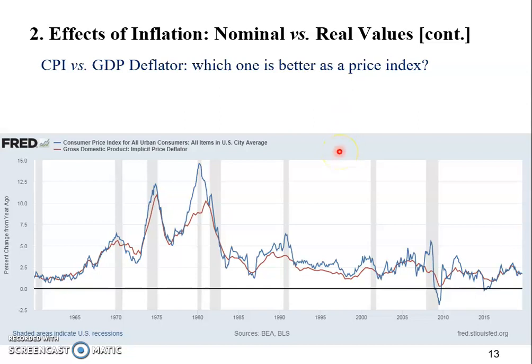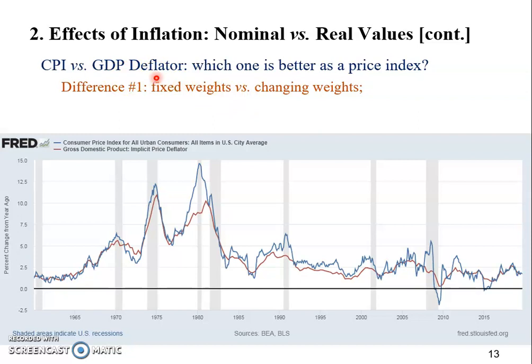The first one is the weights. Remember, when we look at the CPI, we use the fixed market basket, right? The same goods and services, the same quantities, so the weights are fixed. But when we calculate the GDP deflator, we use nominal GDP divided by real, right?